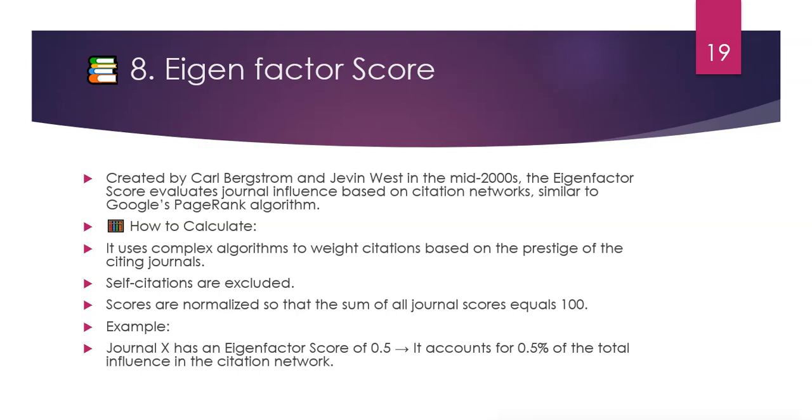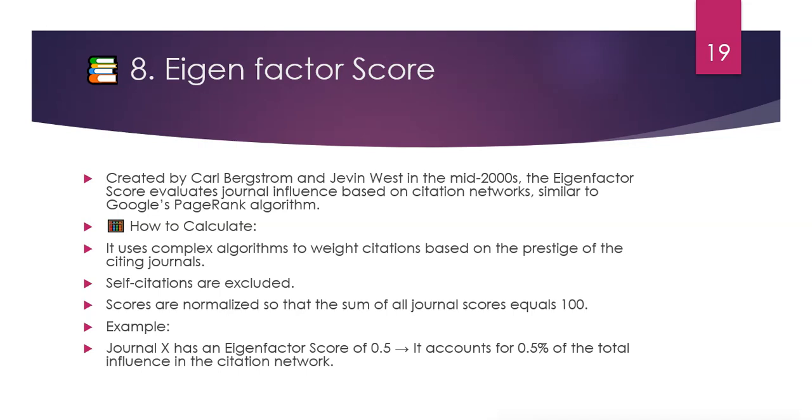Another metric is the eigenfactor score, created by Carl Bergstrom and Jevin West in the mid-2000s. The eigenfactor score evaluates journal influence based on the citation network, similar to Google's PageRank algorithm. How to calculate? It uses a complex algorithm to weight citations based on the prestige of citing journals.